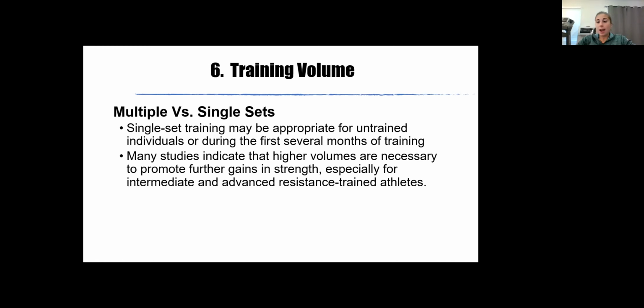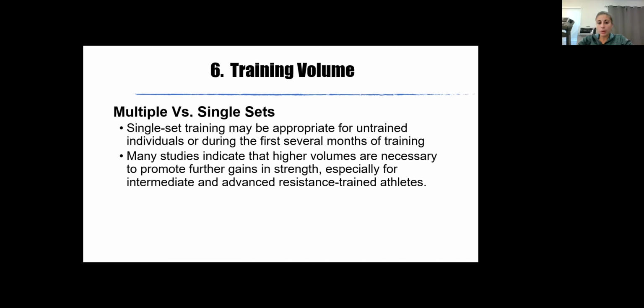Now if your goal is to increase strength, so get stronger, lifting more weight over time, especially for someone who's more intermediate to advanced, we're going to need some volume increases. You can't always do 2 sets of 5, 3 sets of 5, or 2 sets of 6, 3 sets of 6, just keeping the same sets and keeping the reps under 6.